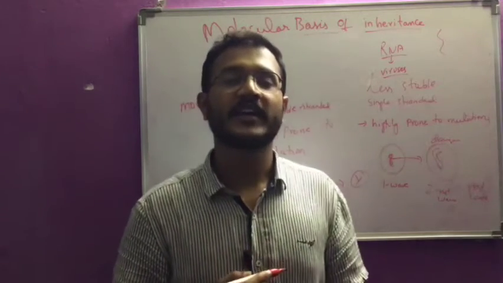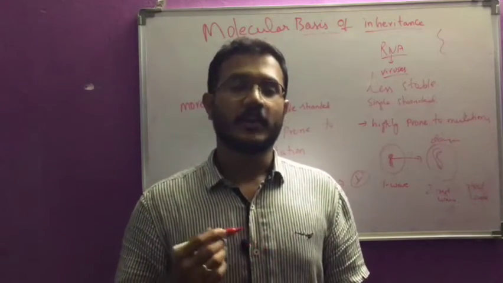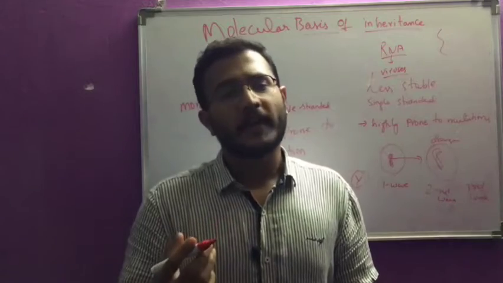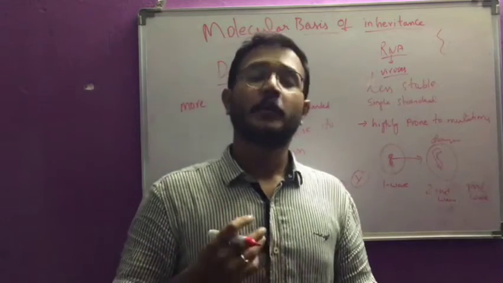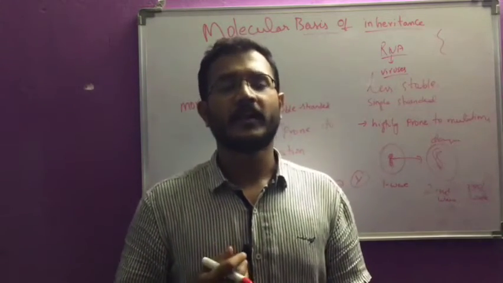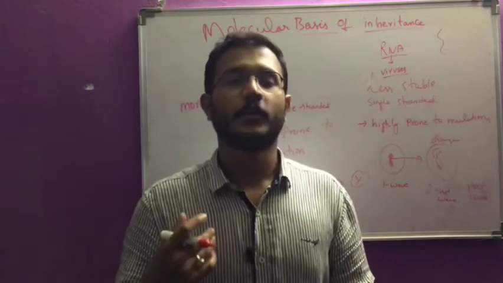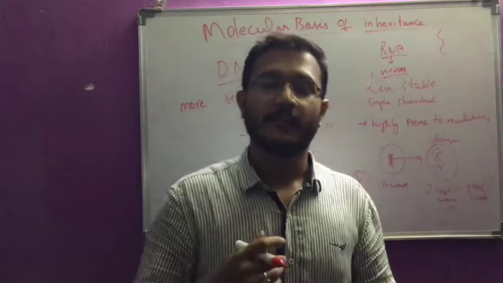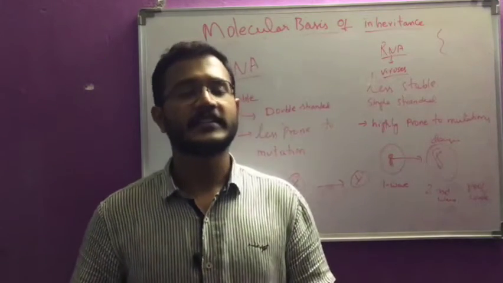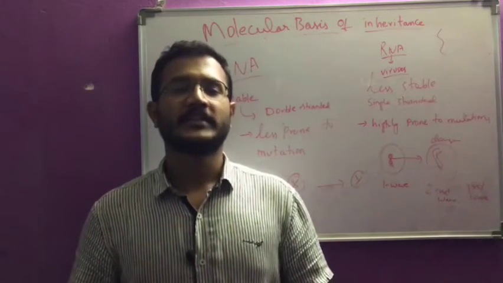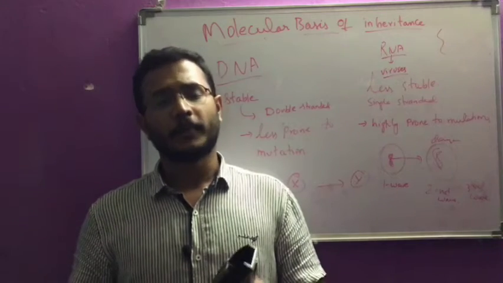That's why RNA-containing viruses or any RNA-containing organism will mutate in a very quick manner, and the loss will be more for human beings, cattle, plants, through viruses infecting them.